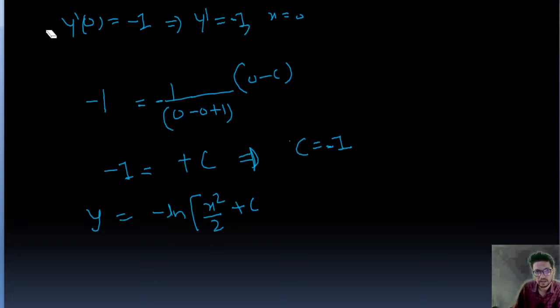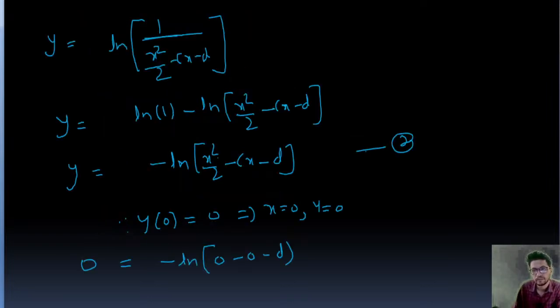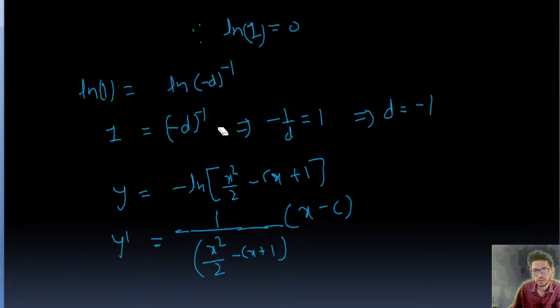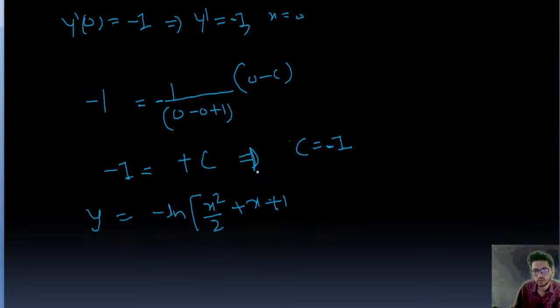Plus x, c is 1, right? Minus 1, minus minus plus x, and d is also 1, right? So plus 1. This is equation 2, we can say. So this is going to be plus 1. Okay, so this is the answer, guys.